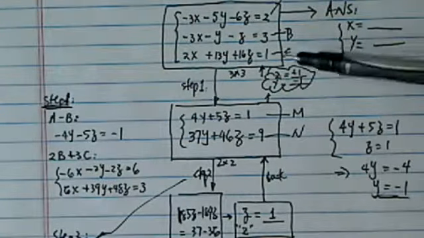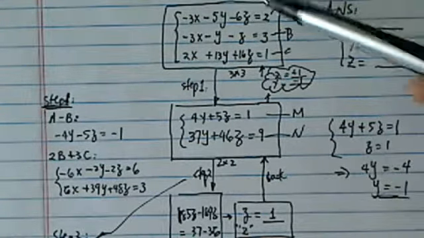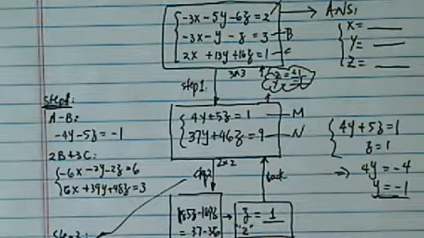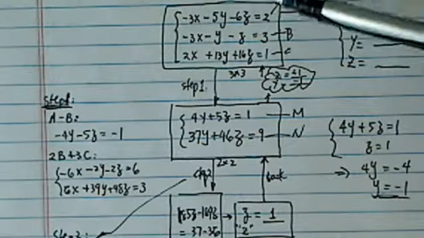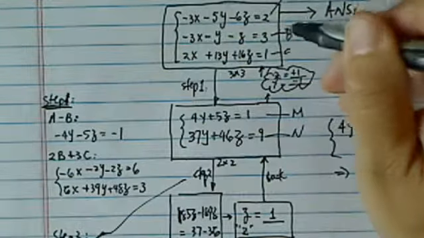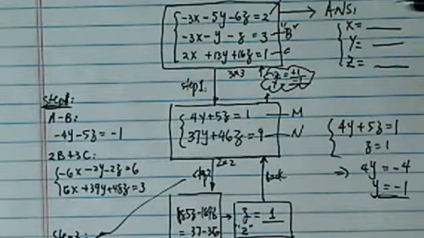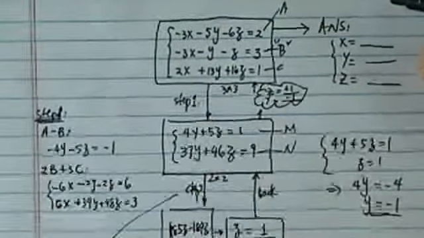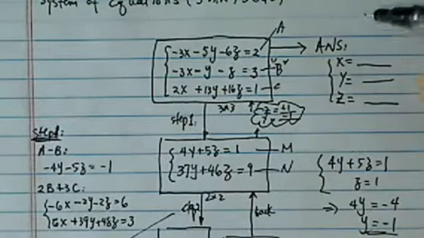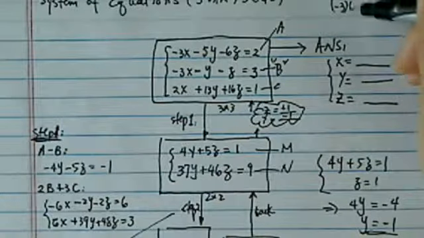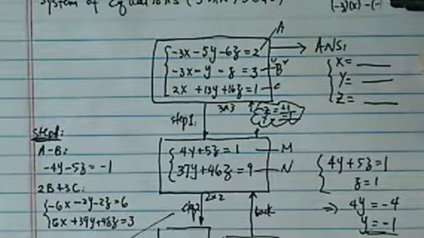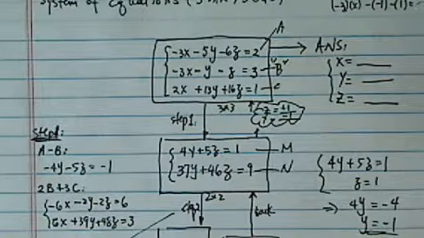All right. Here's going back again. I have two variables I found, and now I'm going to go back to this original big block of mess. And I'm going to use the simplest one I can find. Equation B looks good. So equation B here, let's see. I'm running out of room over here a little bit. So equation B says minus 3 times x minus y, we know y is minus 1, minus z is 1, equal to 3.